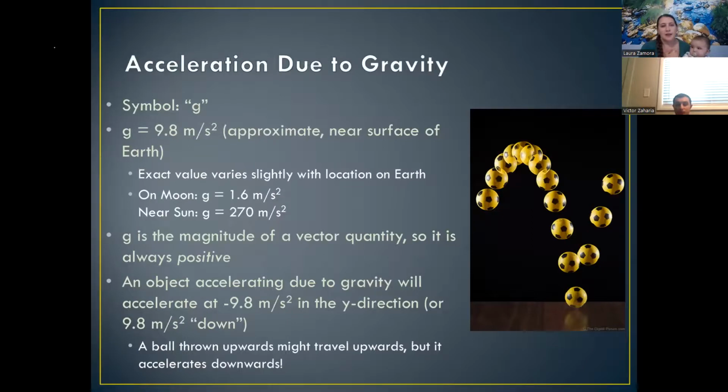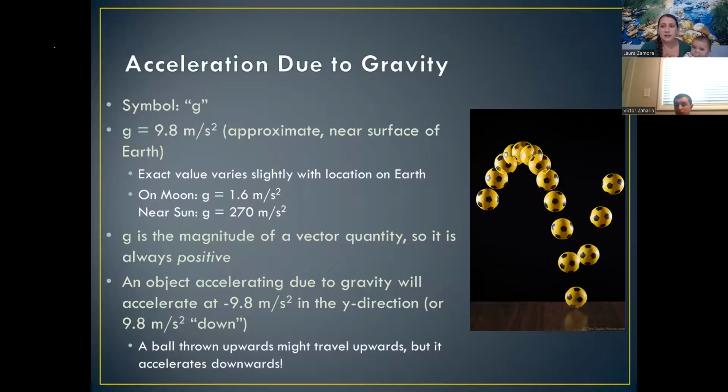Capital G is the gravitational constant. And our average value, like I said, depends on your elevation, but the average value that we typically use is 9.8 meters per second squared. That would be close to the surface of the Earth, wherever we're doing our experiments. For our purposes, the acceleration due to gravity is 9.8 meters per second squared.